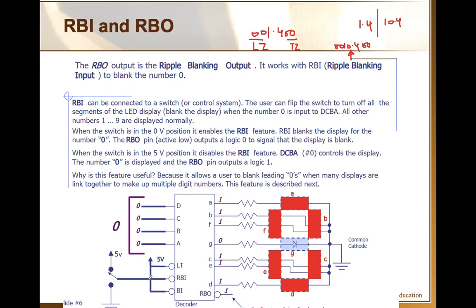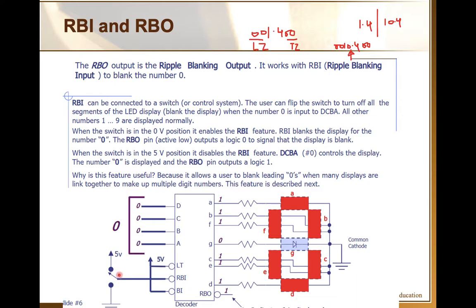So when RBI is connected with ground, as you can see here, when the switch is in zero position, it enables the RBI feature and RBI blanks the display for number zero. So if you have zero on the input, that zero will be blanked out. It is lighting up here because it is connected with 5 volts.